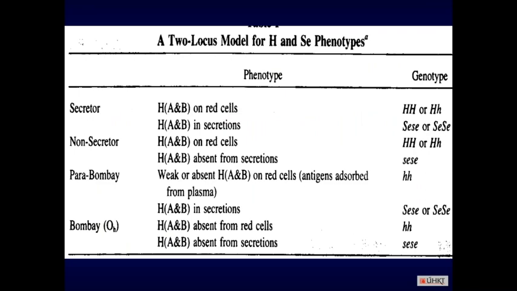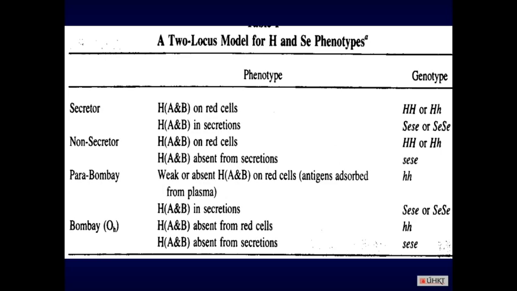ABO expression is present not only on red cells, but also in secretions, and their presence in secretions comes from epithelial tissue. So we can have ABO antigens on red cells and on epithelials in secretors, who have active H genes and big SE genes.